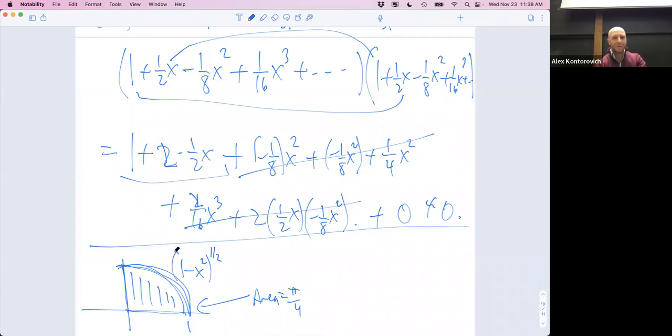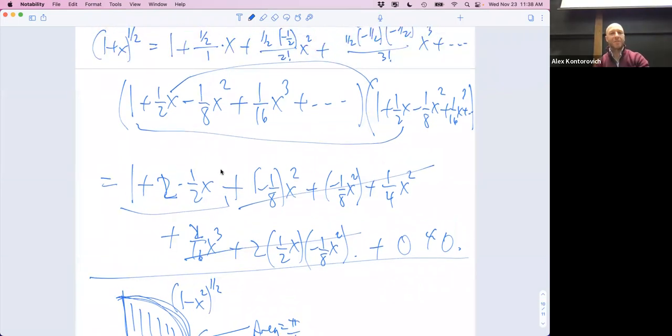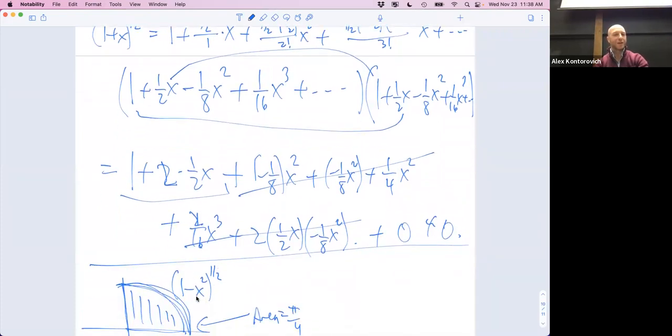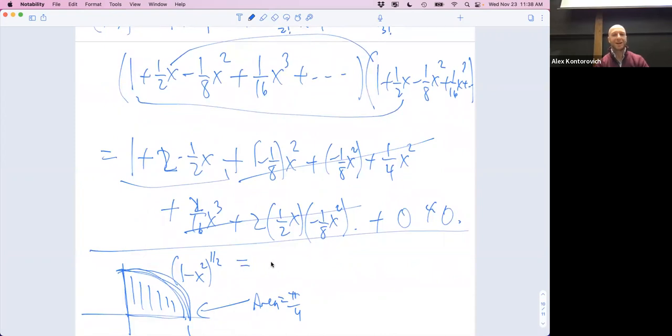But this sum, if I multiply all this out, it's the same formula that we already have, 1 plus something to the 1/2, except that something you have to replace by negative x squared. So he gets a series here. He gets some kind of complicated series. I'm just going to make something up: x to the 4th over 2 plus x to the 3/8 or whatever, right? These aren't real numbers. These are fake numbers.